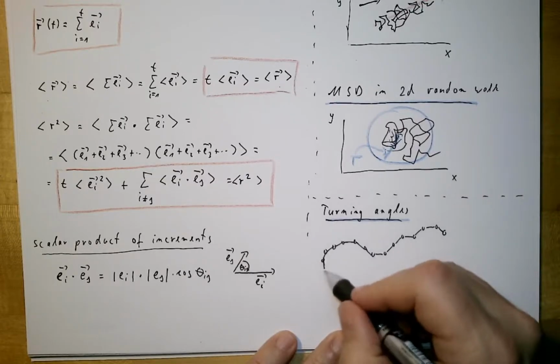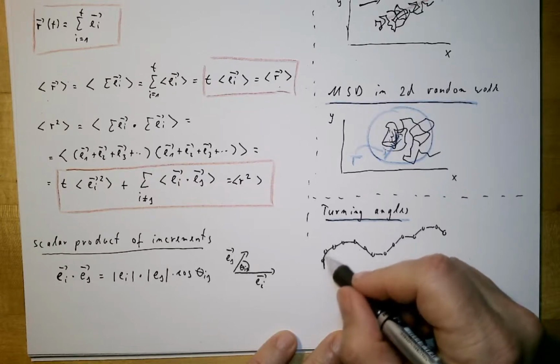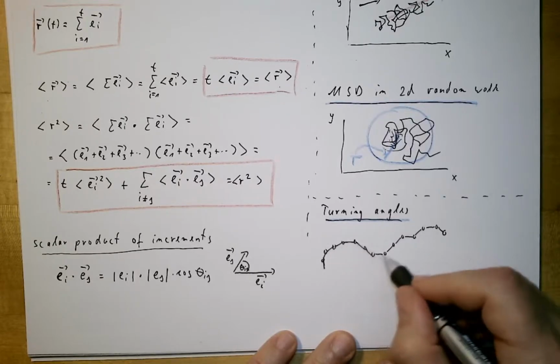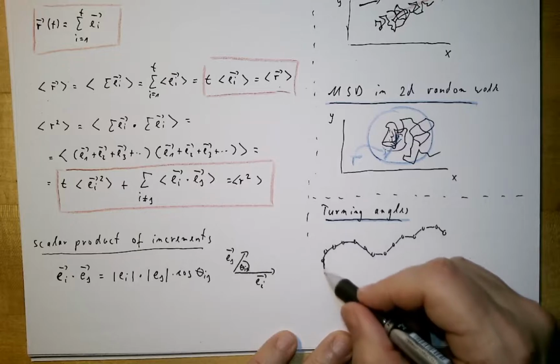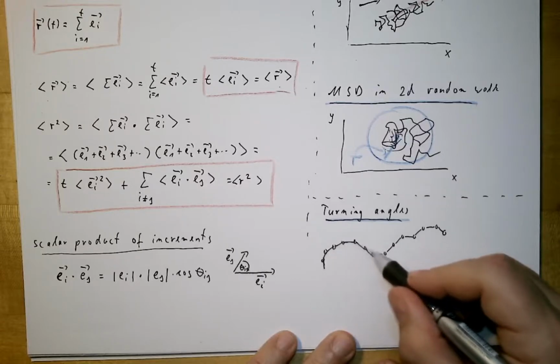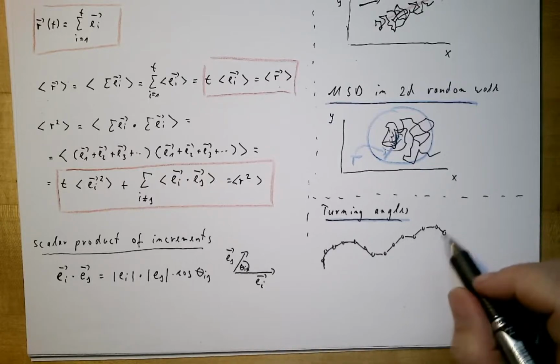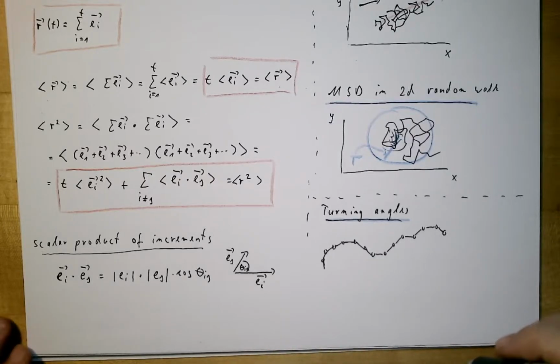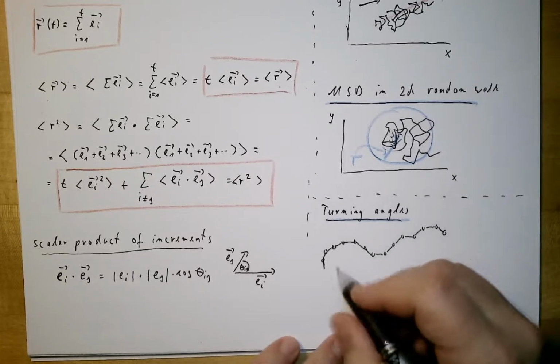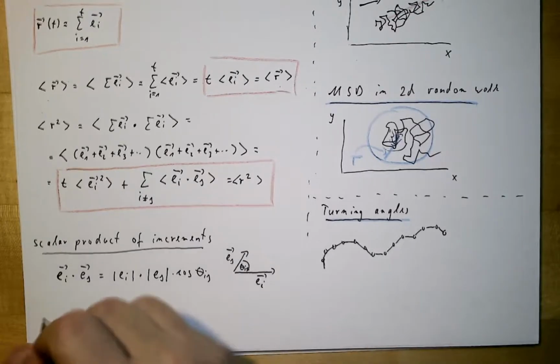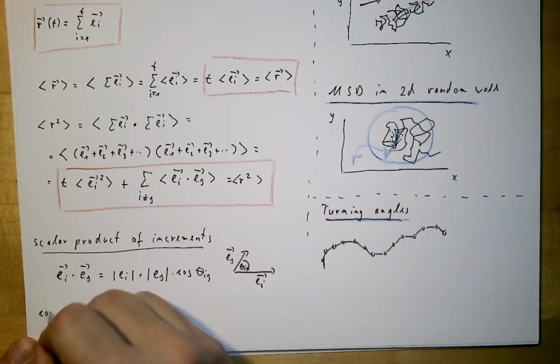And now if we assume that this movement is done with constant velocity, if the animal walks with constant velocity but just turns around, then we could ask what is happening if we have a constant step length.